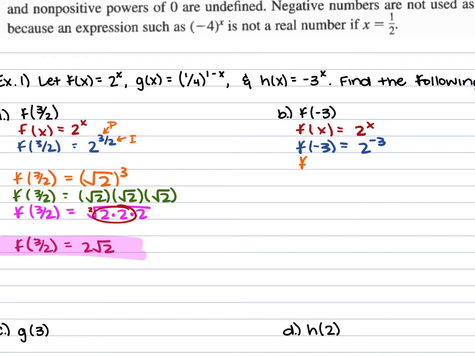So it's going to be f of negative 3 is equal to 1/2 to the third power. That 1/2 to the third power, we're just going to do the 1/2 times 1/2 times 1/2. 2 times 2 times 2 is 8, so f of negative 3 is equal to 1/8.